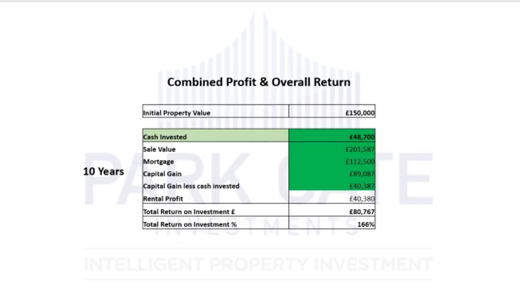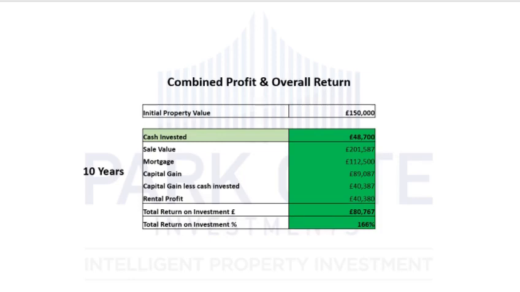Add to this 10 years of rental profit at £40,380, and you have your total return of £80,767. When we divide this by the initial investment amount, again £48,700, we get your return on investment of 166%.